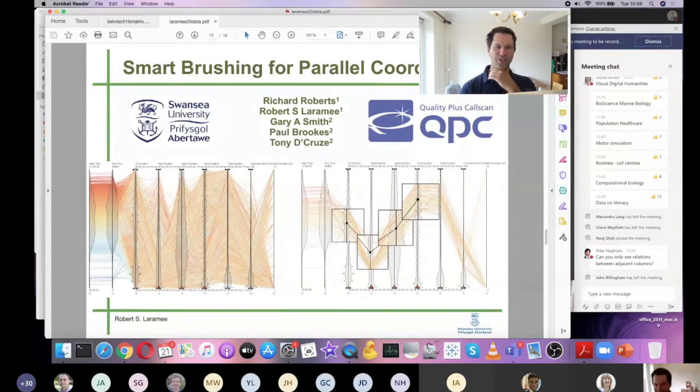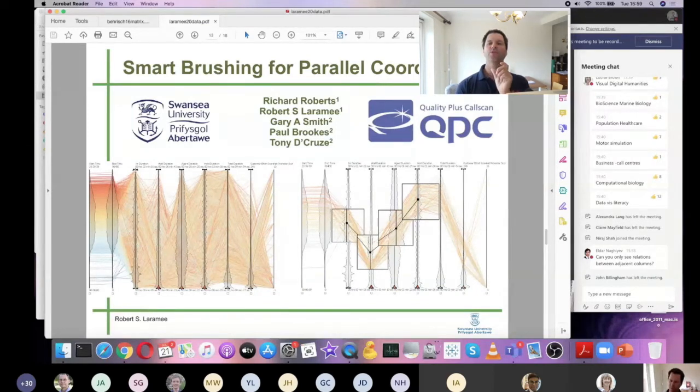So I got a question here. Can you only see relations between adjacent columns? The answer is yes and no. The answer is yes if you're looking at a static image. So right now we've only seen static images. I'm about to run a demo video.